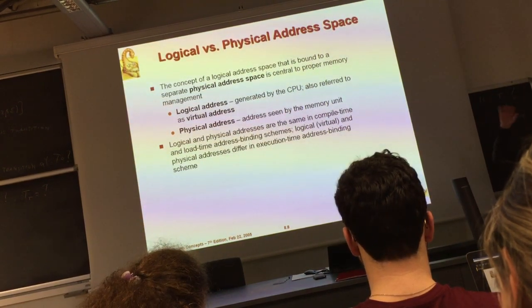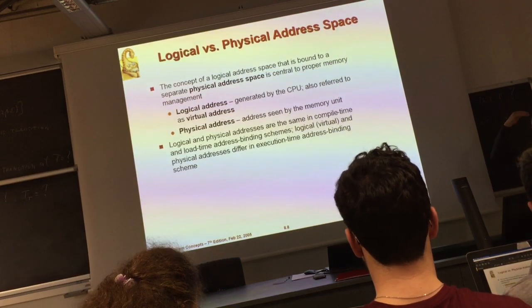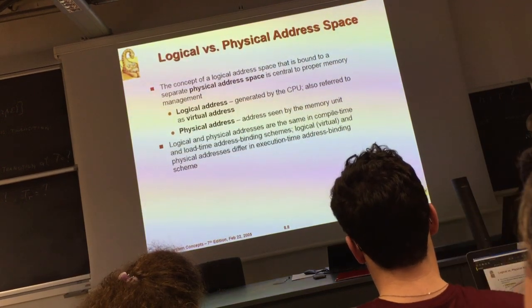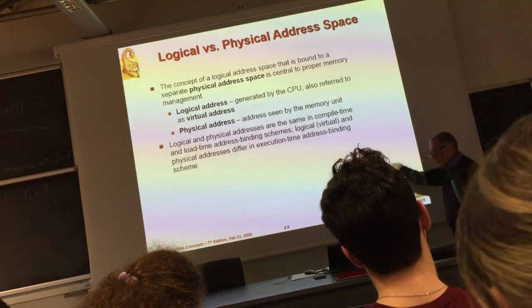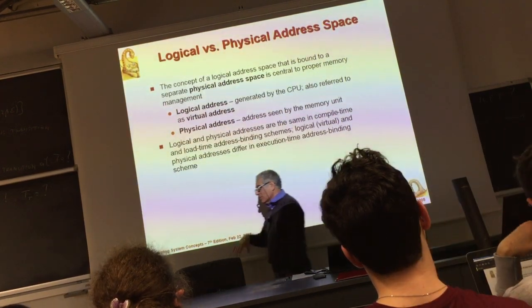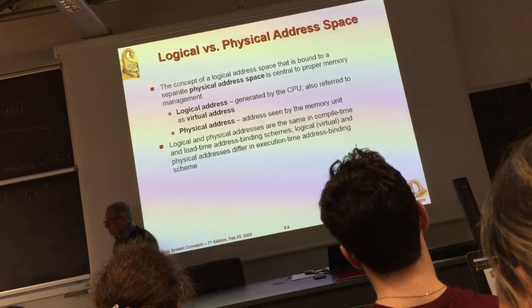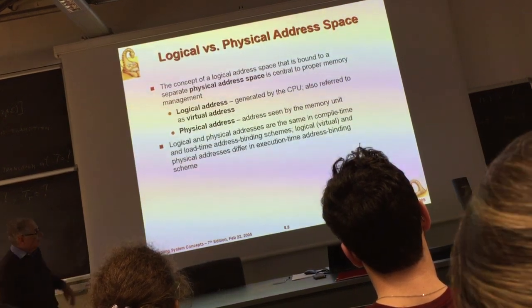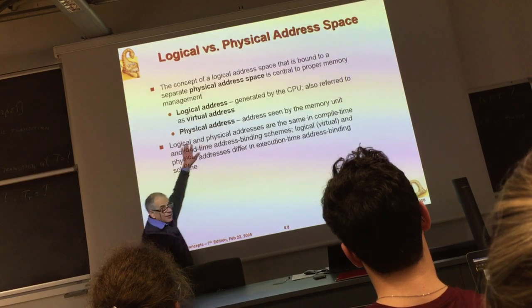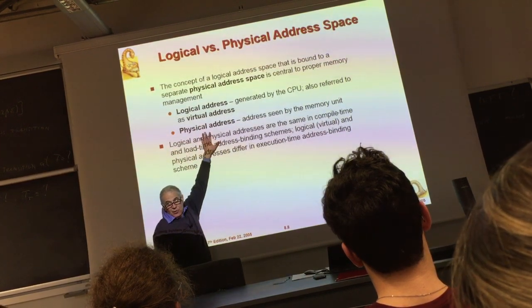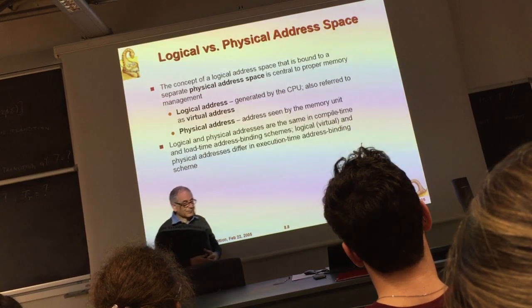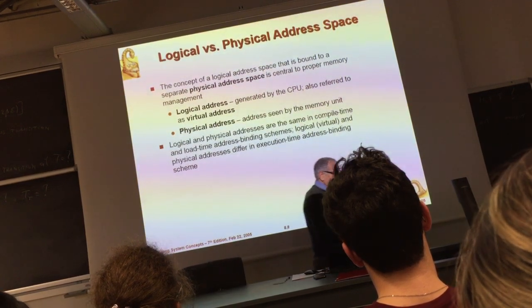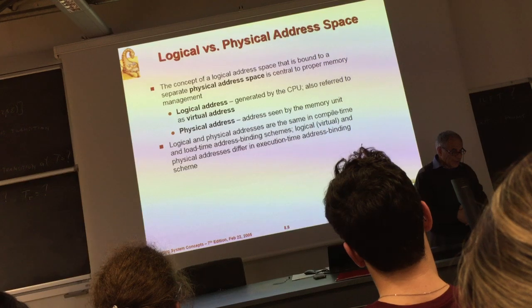In a logical address space, the first instruction starts at location 0, and the next instruction will be at location 4 and so on. But of course the kernel has to map the logical address to a physical address. And this is done by the memory management unit.